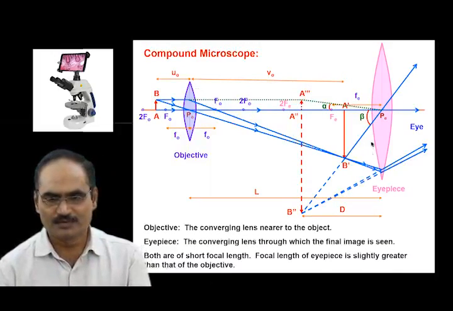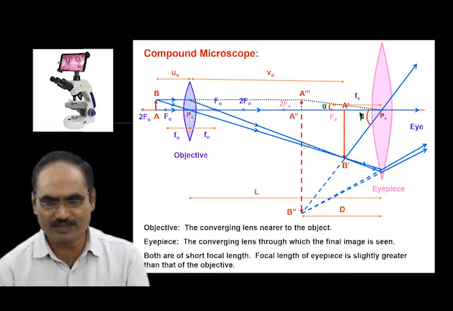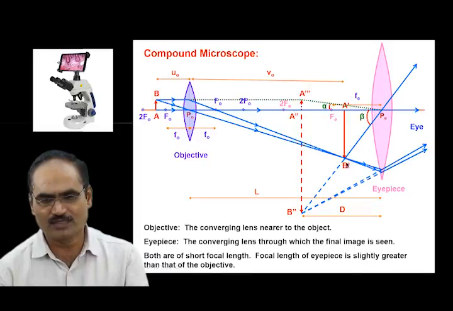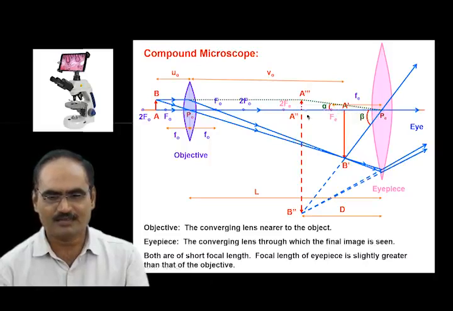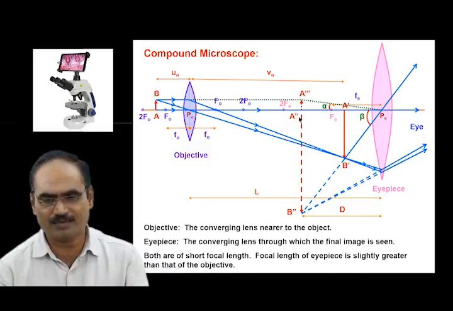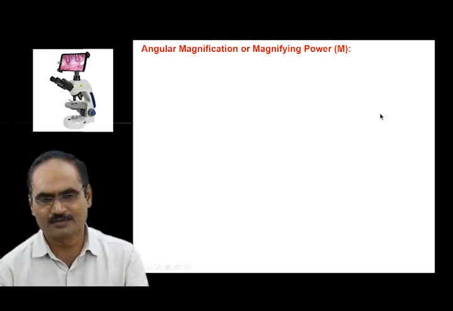Here you see, tan beta is opposite by adjacent, so A double dash B double dash by A dash P. At the same time for alpha, we write A triple dash A double dash by AP.